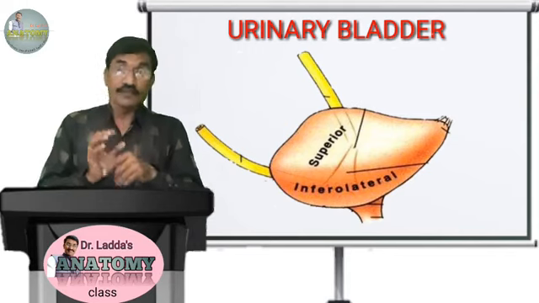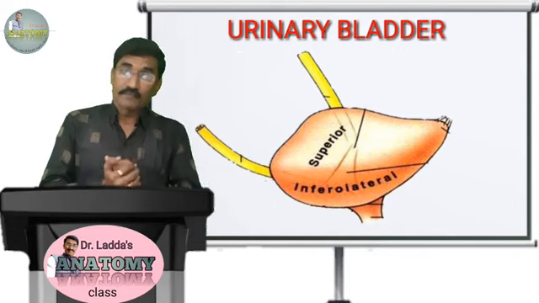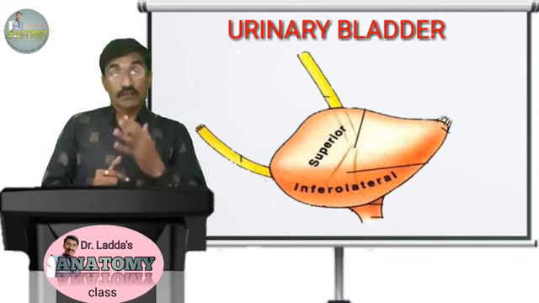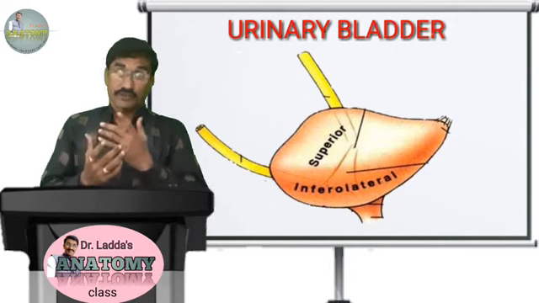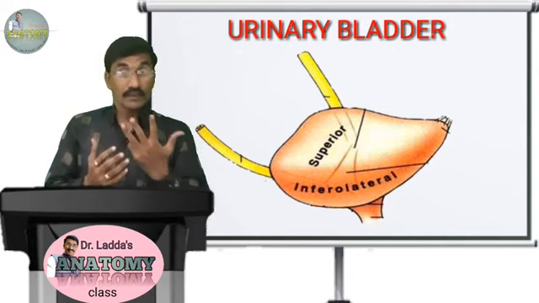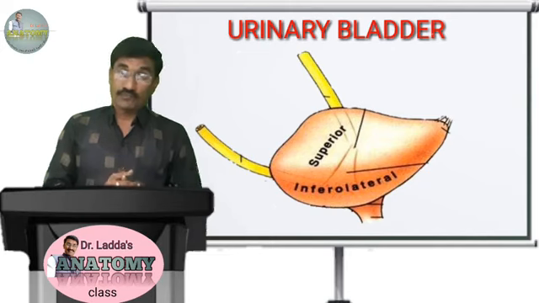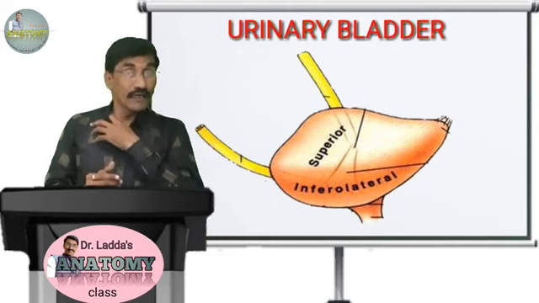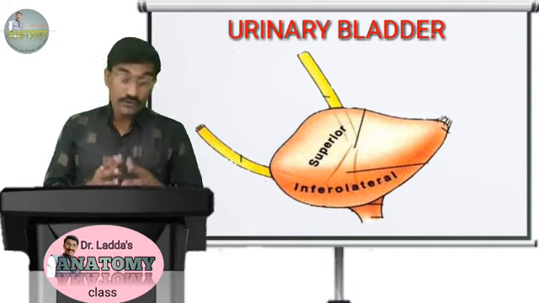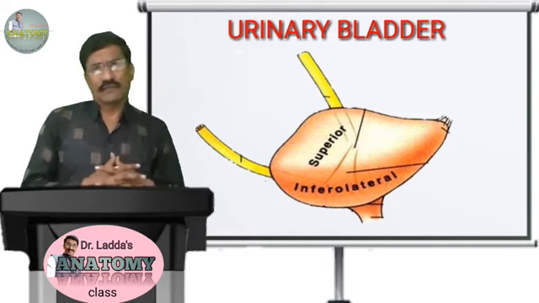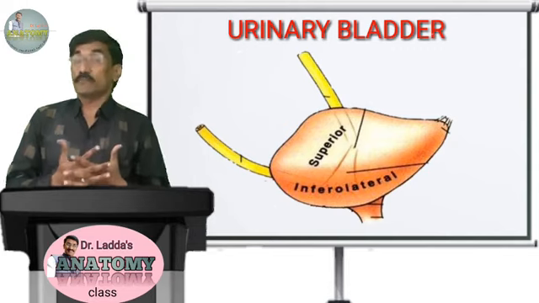Some residual urine remains in the bladder, and that residual urine may cause infection or inflammation of the bladder, that is called cystitis. Now the third applied anatomy is vesical stone, means renal calculi in the bladder, and a bigger calculus, you can say staghorn type calculi, in the bladder. So this is the applied anatomy.